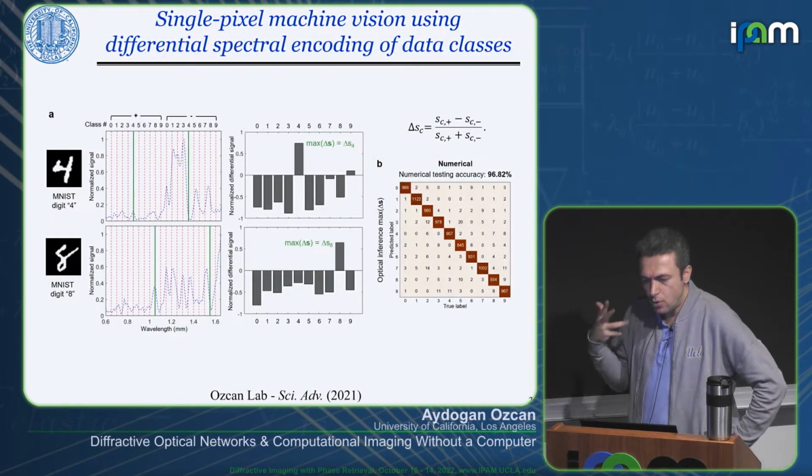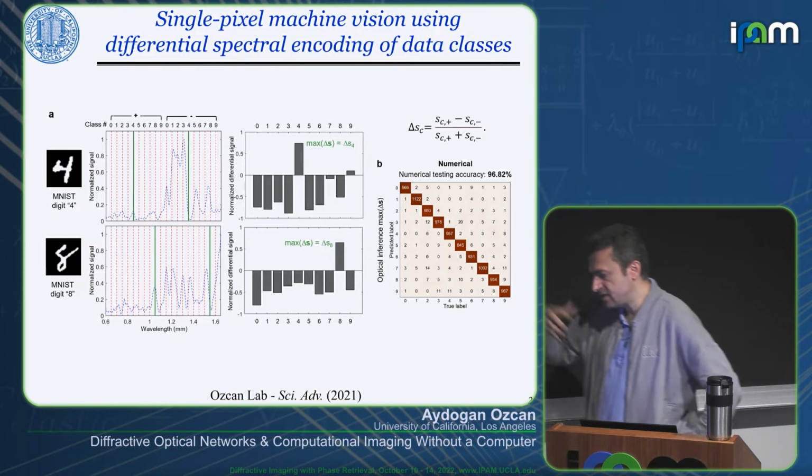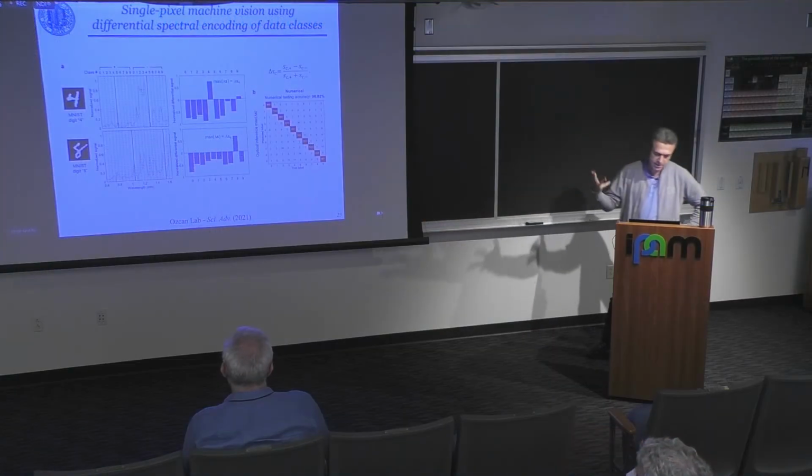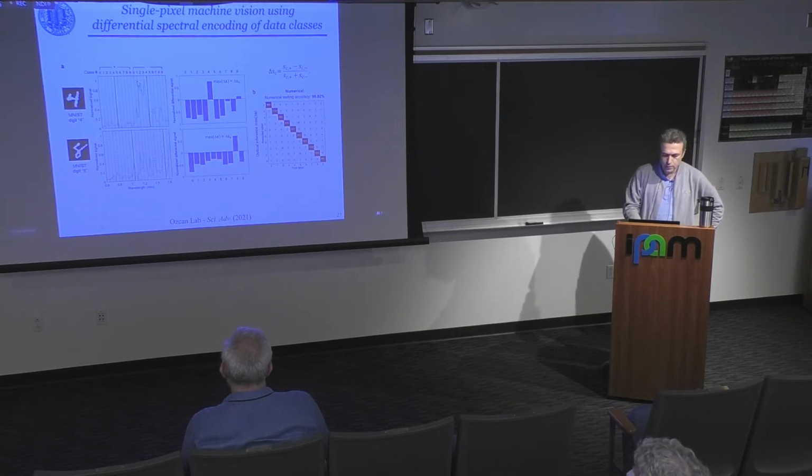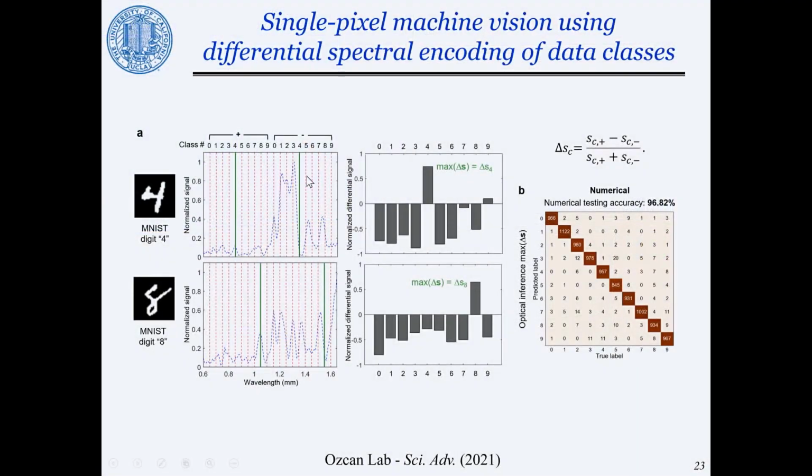We can encode more wavelengths into the system, so space-to-spectrum encoding can also include more than 10 wavelengths. Here we're doing actually 20 wavelengths where they differentially encode the information, which means 2 wavelengths differentially are assigned to each different class.